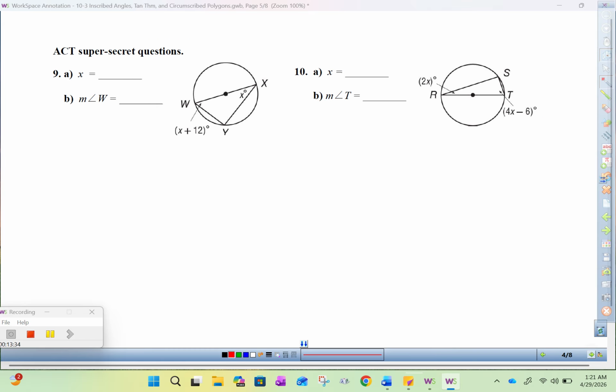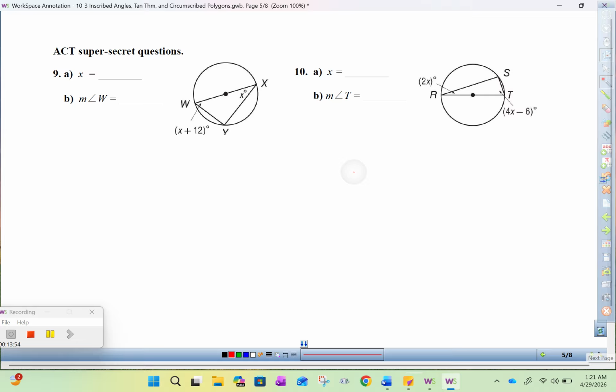Okay, speaking of some thinking, number 9 and 10 are some challenge problems that oftentimes show up on standardized tests like the ACT that many of you will be taking next year. So we're going to talk through this one. You'll notice these look a little bit different. I do have angles, but more than one. I have 3 angles that are forming a triangle.